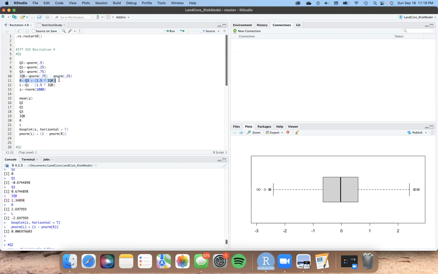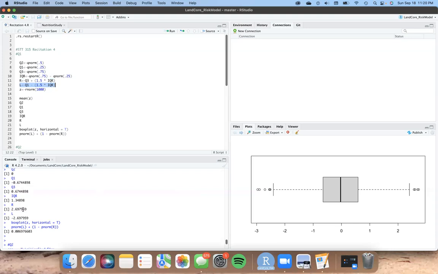Next, we want to find the right whisker, which is quartile 3 plus 1.5 times the interquartile range. And then we'll also find the left whisker, but first let's do the right whisker. So the right whisker, R, as I labeled it, is 2.697959. And for the left, you would do Q1, or the lower quartile, minus 1.5 times the interquartile range.